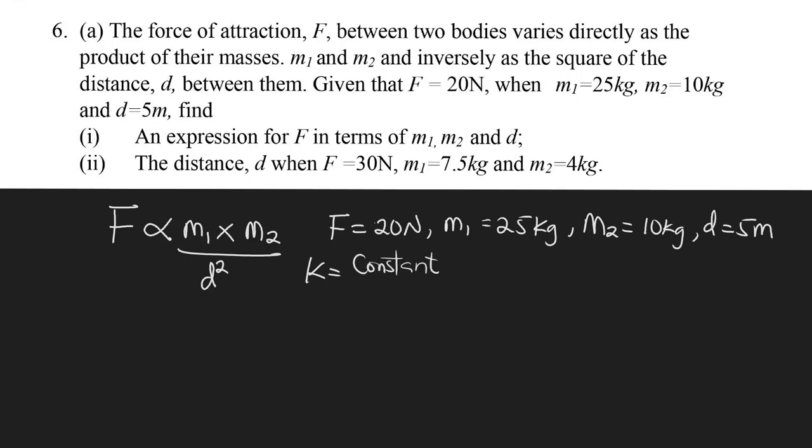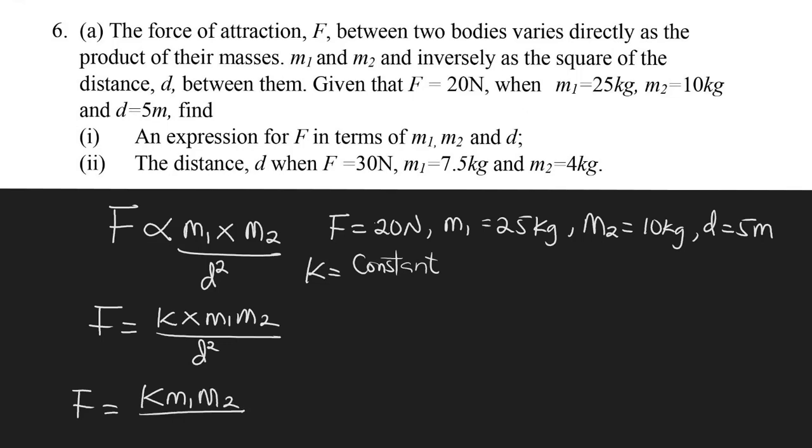If we introduce a constant, the constant will remove this variation sign and multiply it by the other side, right? So it's going to be F is equal to k times m1 m2 over d square. So this one will be F is equal to k m1 m2 over d square.